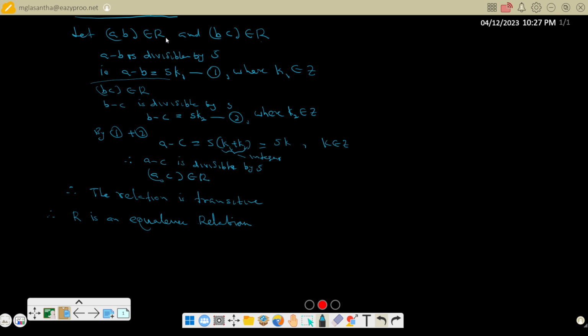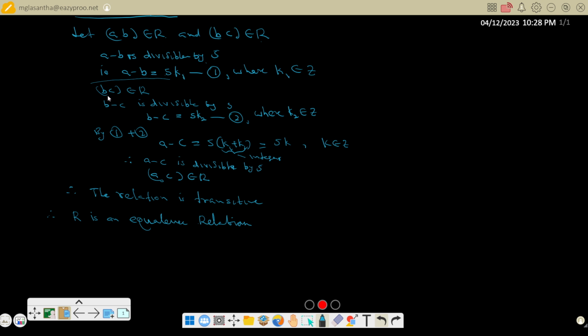(b, c) belongs to R. Okay. (a, b) belongs to R. That means a minus b is divisible by 5, no? Otherwise, (a, b) does not belong to R. Only if a minus b is divisible by 5, (a, b) belongs to R. So a minus b is a multiple of 5, 5k1, where k1 is an integer.